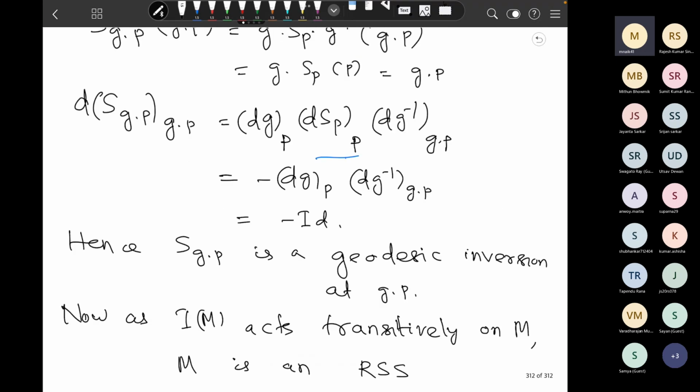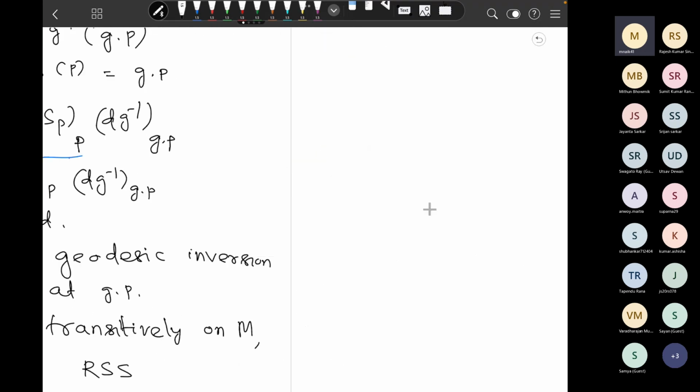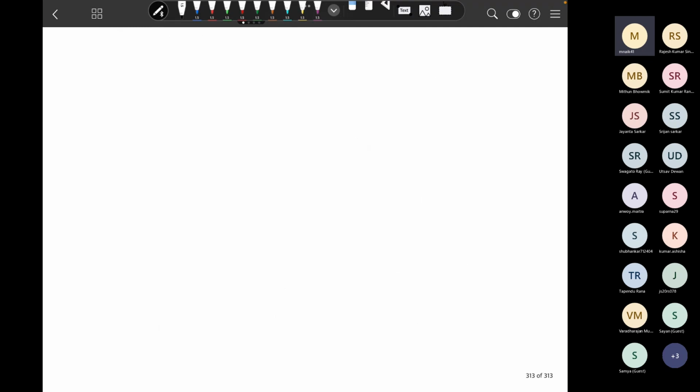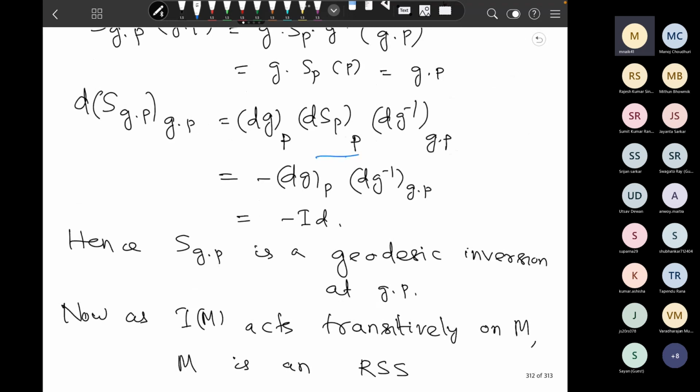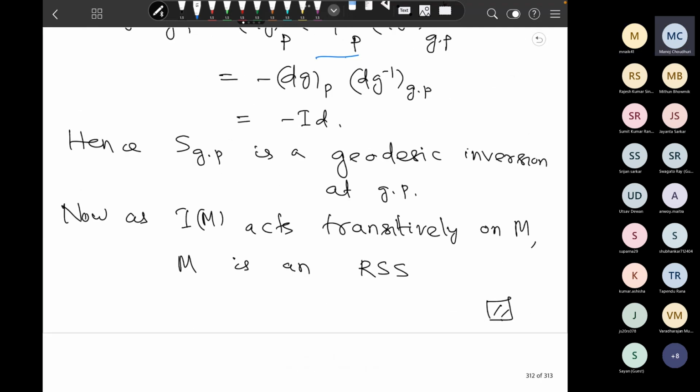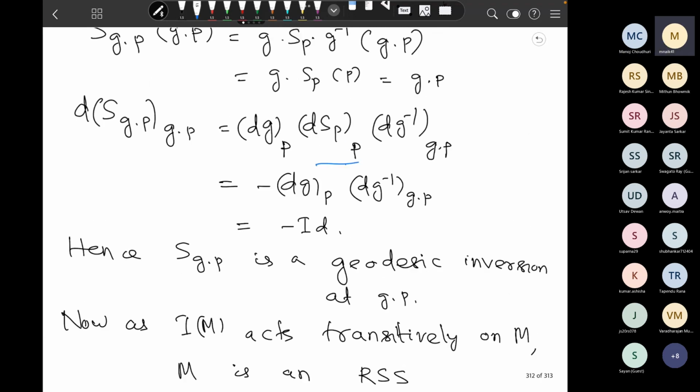Now we want to give an example of symmetric spaces. What was the conclusion? M is a Riemannian symmetric space, because as you vary G, G·P will vary throughout M. What was your assumption?